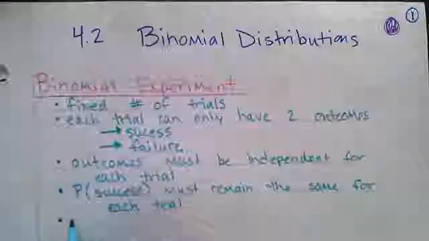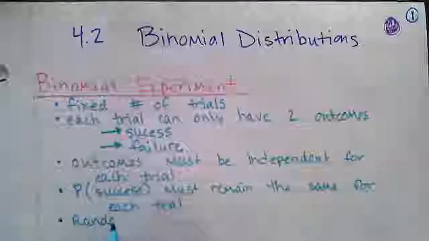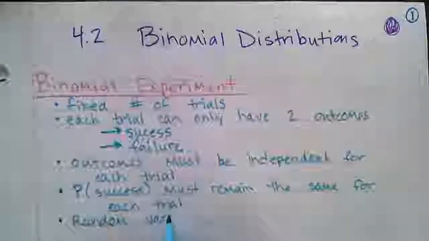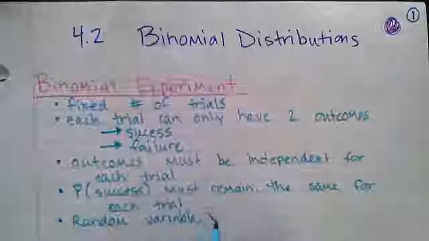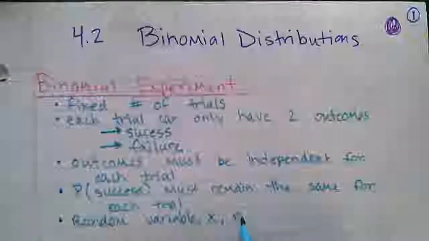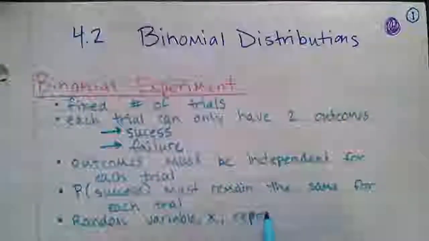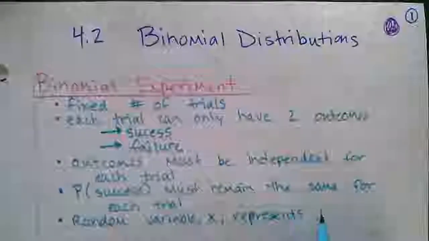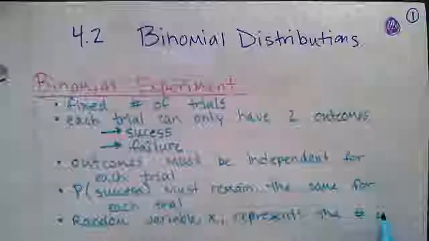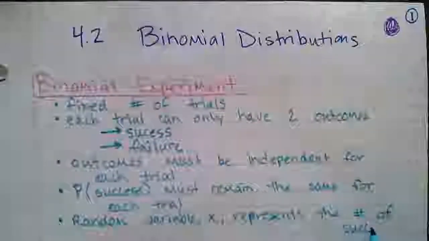And then the random variable, which is x, is going to represent the number of successes.